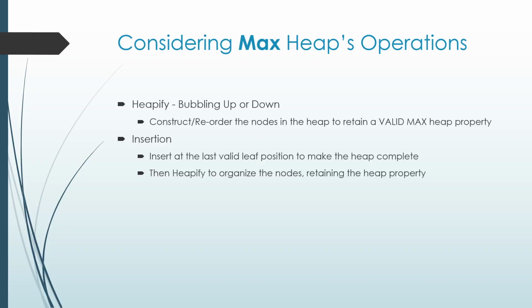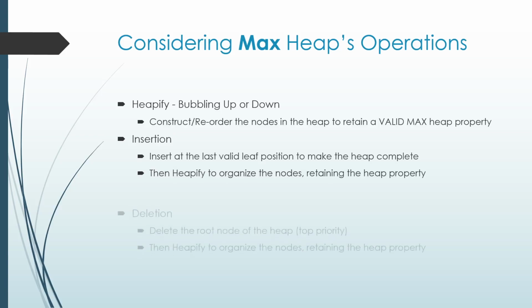And when you insert a value at the last valid leaf position, you need to make sure you didn't destroy the heap property. So you need to heapify to reorganize the nodes in order to retain the heap property that you're building. This is the idea of insertion.